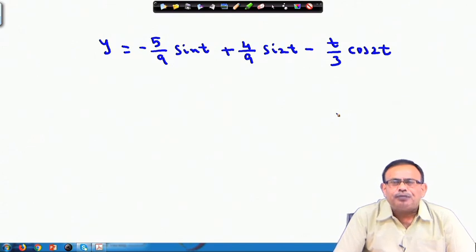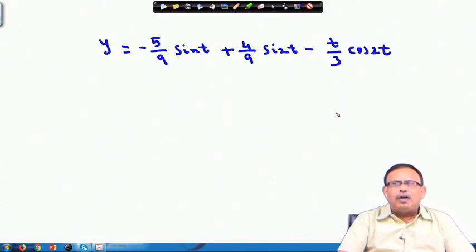So, this is the solution process whenever you are using ordinary differential equations with constant coefficients. In the next lecture also, we will continue with the solution of some other types of ordinary differential equations.